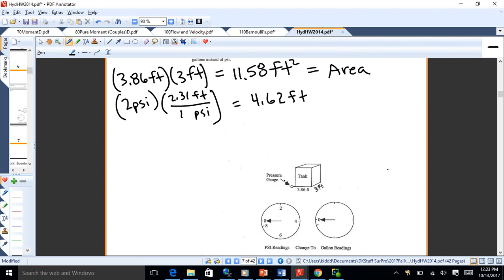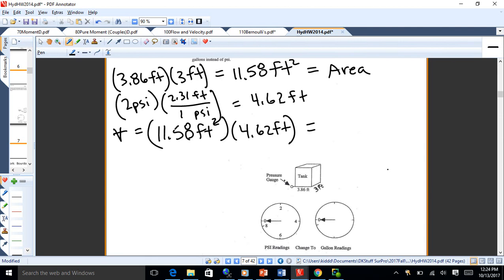All right, so if you want the volume in the tank, you take the cross-sectional area, 11.58 square feet, and then you multiply that by the depth, okay? So area times depth will get you volume in cubic feet for 2 psi, and that comes out to be 53.5. So that's the number of cubic feet of water for 2 psi.